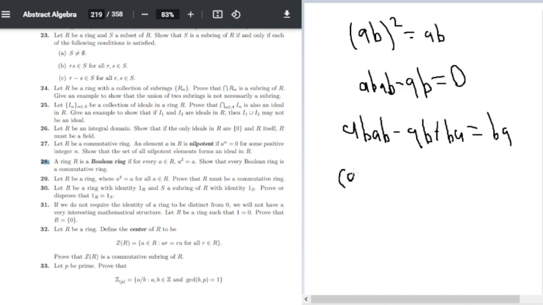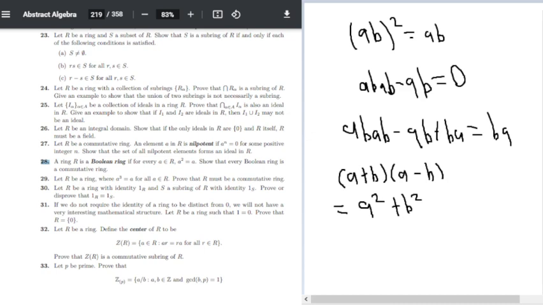So let's think. If we have a plus b, a minus b. Oh, this might be it. a plus b, a minus b is equal to a squared.